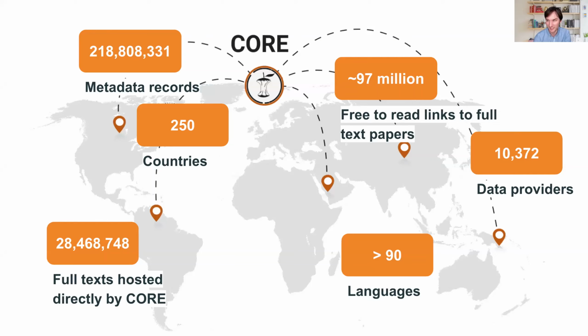The content really is multilingual, although you would not be surprised that most of the content is in English. Maybe about a third of content in Core is in other languages as well. We have nearly 100 million free-to-read links to full-text papers hosted in other places.